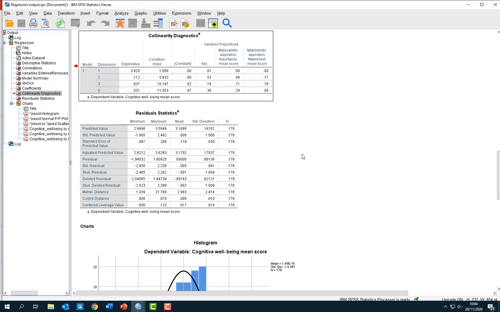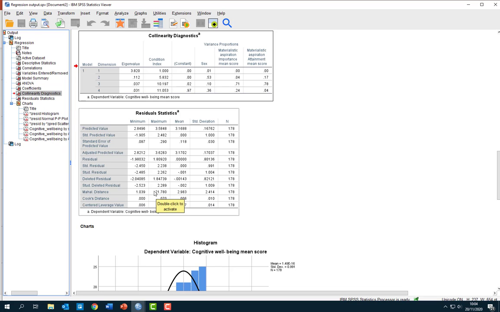So a multivariate outlier, if you remember from your regression lecture, is where we have a strange combination of cases across the variables. That means that someone scores very differently when we look at all of the predictors and the outcome in comparison to others. So one of the ways to do that is to look at the maximum Mahal distance.